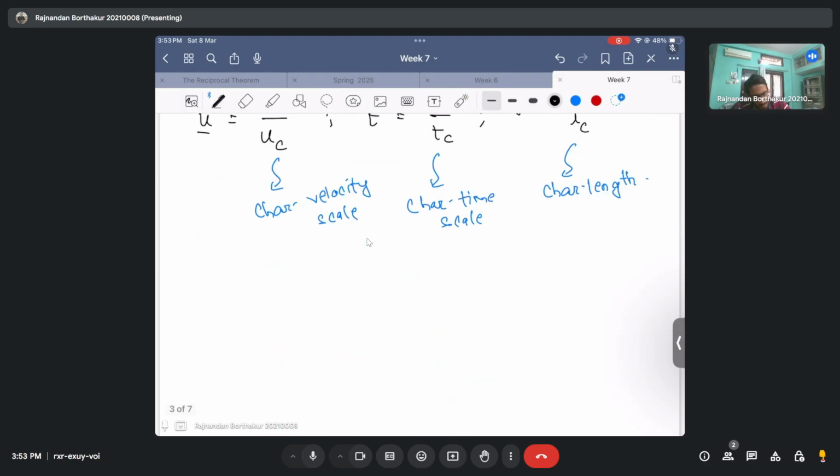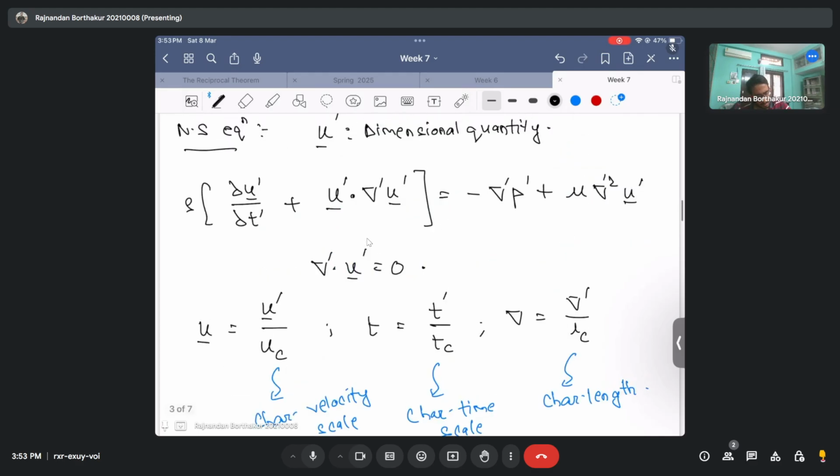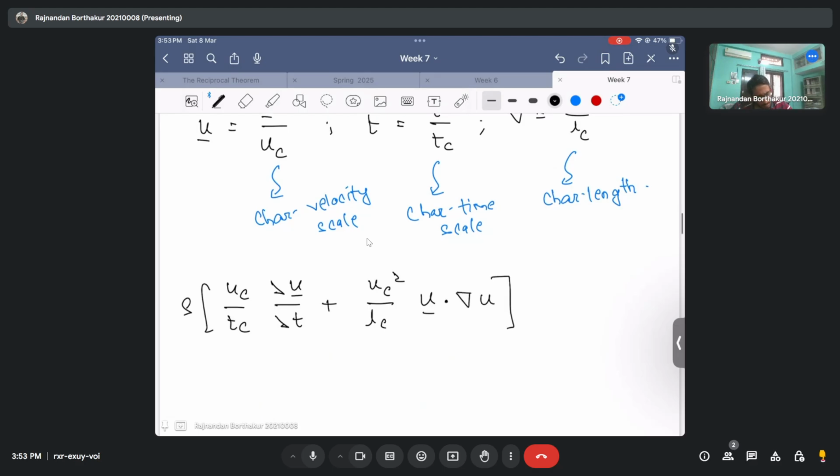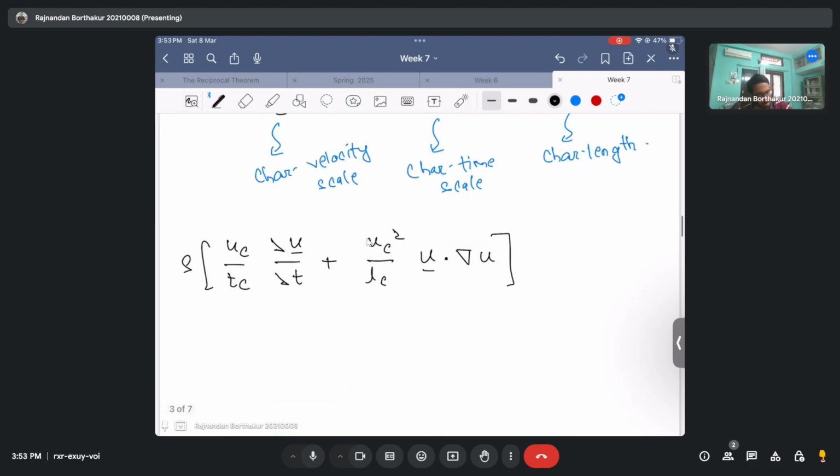I'll get rho times UC by TC times del U by del T, plus UC square by LC, U dot grad U, and then minus PC by LC, gradient of P, plus mu UC by LC square del square U. I think that's it.